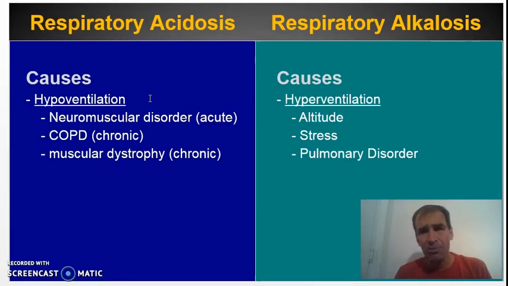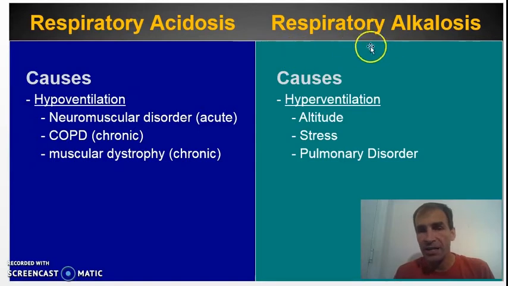For you and me, probably not a big deal, but individuals with COPD, which is chronic obstructive pulmonary disease, or a neuromuscular disorder affecting breathing, or something more acute, could have hypoventilation and, in theory, respiratory acidosis. Again, not terribly common, but there are millions of people for whom this is a big issue.